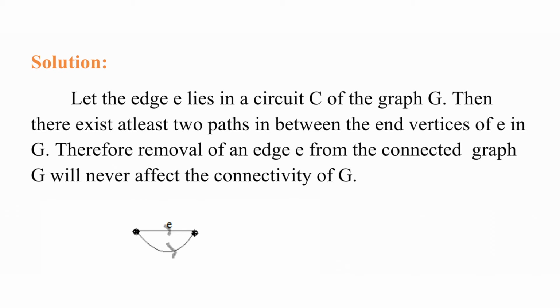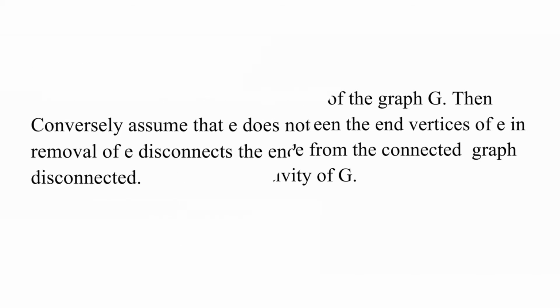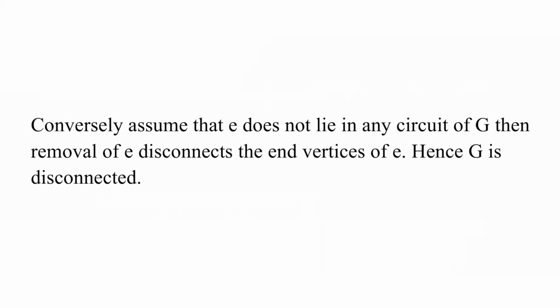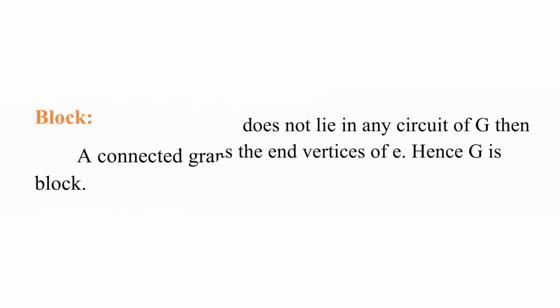Let the edge e lie in a circuit, that is a cycle of the graph G. In a cycle we know that there exist at least two paths between the end vertices of e in G. Therefore, removal of the edge e from the connected graph will never affect the connectivity of G. Conversely, assume that e does not lie in any circuit of G. Then removal of e disconnects the end vertices of e, therefore G is disconnected.